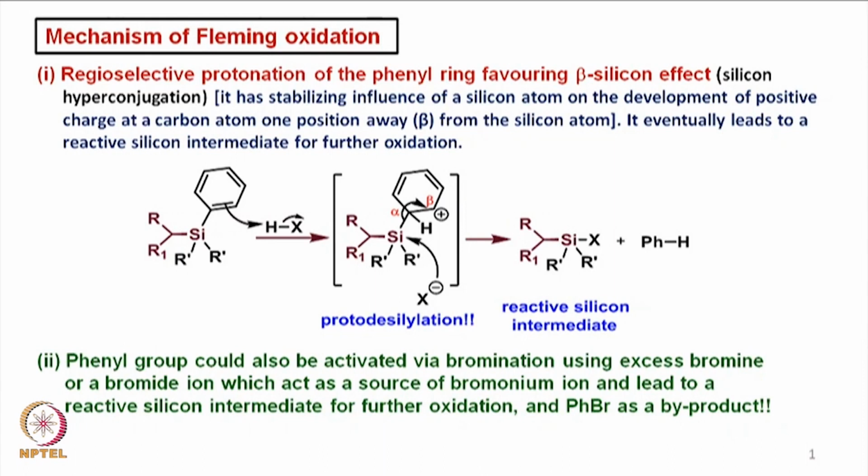The Fleming oxidation essentially involves, as we saw, a conversion of a stable silicon-containing starting material to a reactive silicon intermediate for further oxidation.